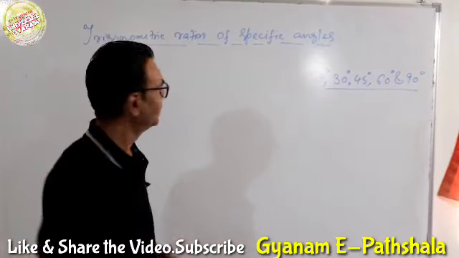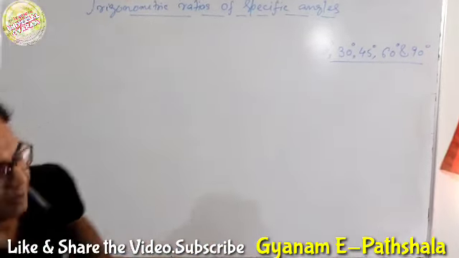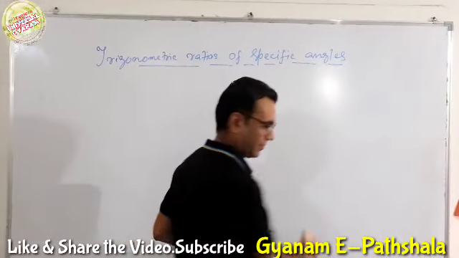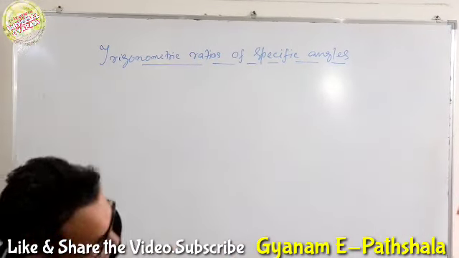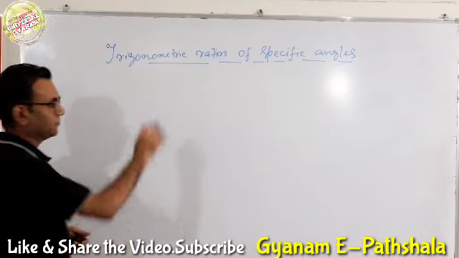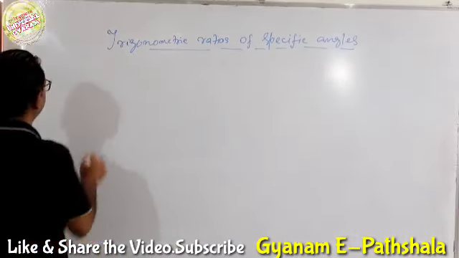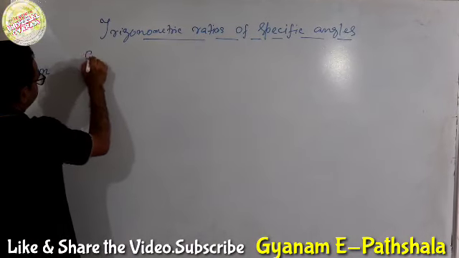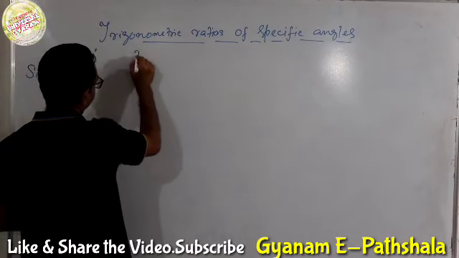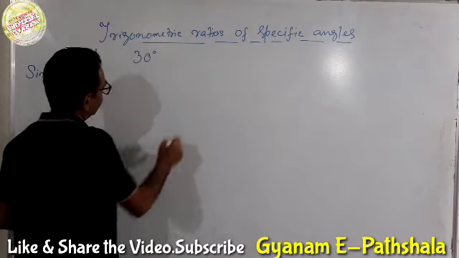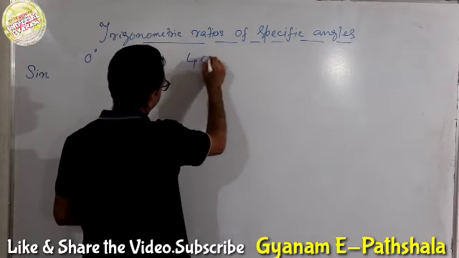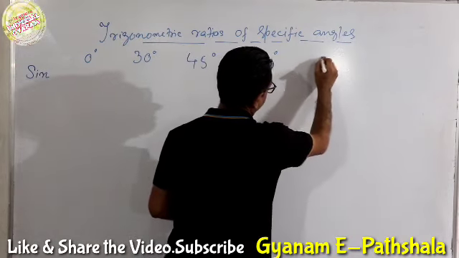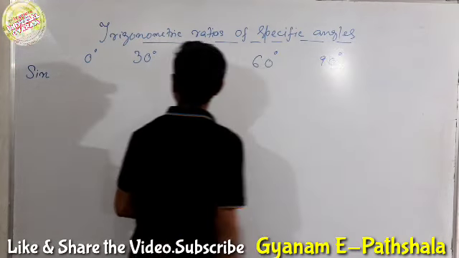This should be understood. Now we try to write down the values of the trigonometric ratios of these specific angles. We first come to sine. Sine 0 degree, sine 30 degree, sine 45 degree, sine 60 degree, and sine 90 degree.